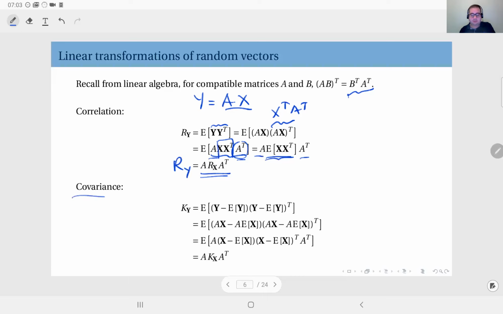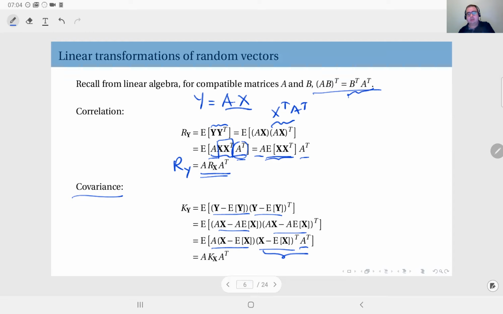Very similarly, you can write the covariance matrix of y. Again, just plug in the definition. This is the expected value of y minus the mean vector of y, times y minus the mean vector of y, transposed, and then plug in A times x instead of y and arrange the terms. So I will have A times x minus mean vector of x, times x minus mean vector of x transpose, times A transpose, for which we again used this relationship.